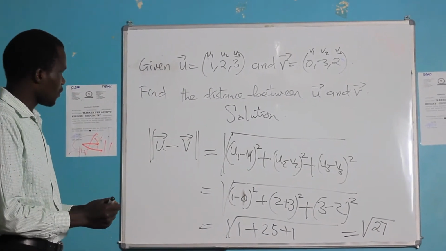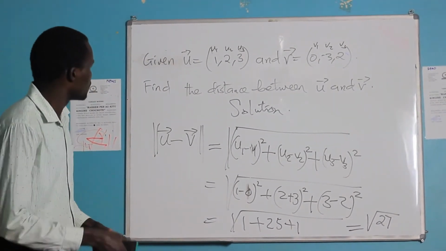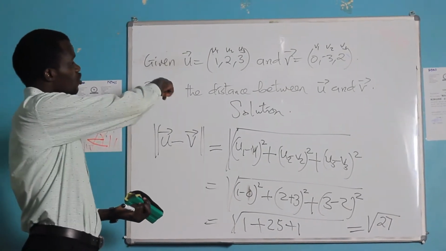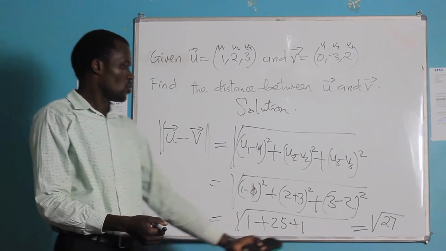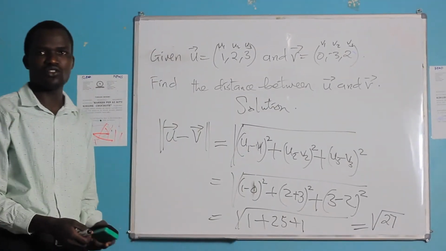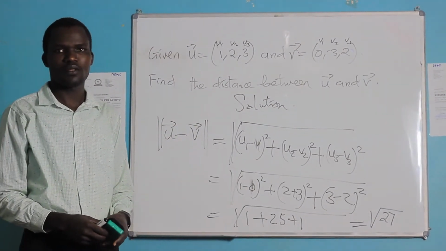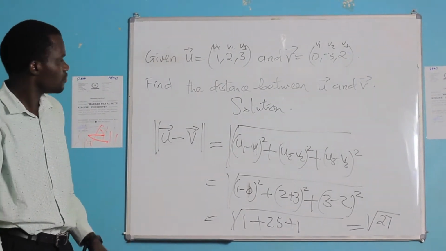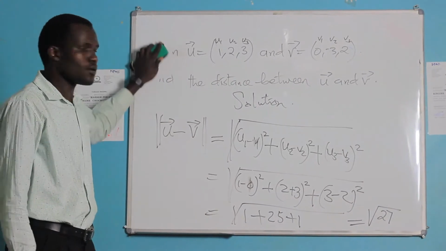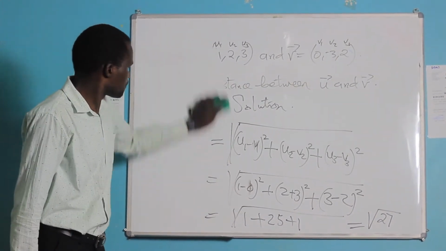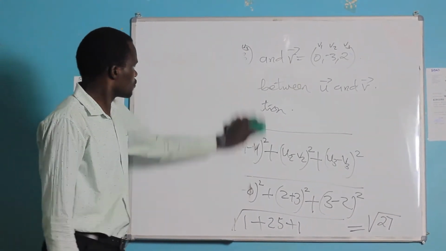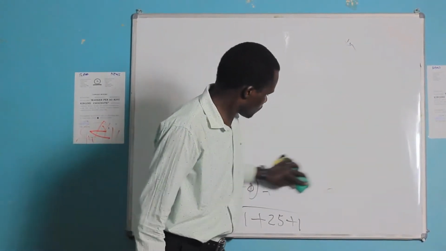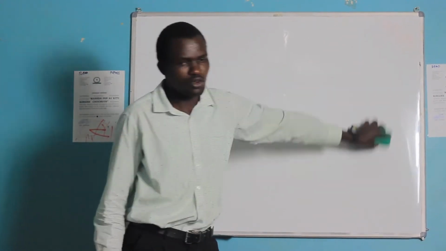So therefore, the distance between these two vectors, u and v, equals the square root of 27 units of distance. Okay, let's continue. Let's go to the next part.